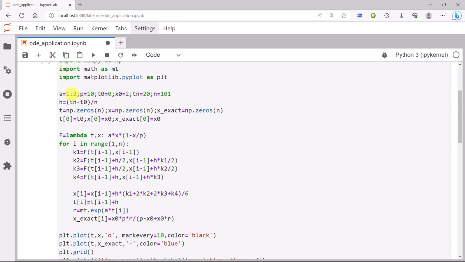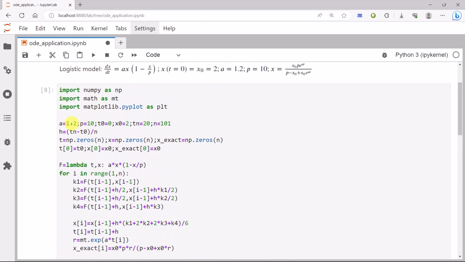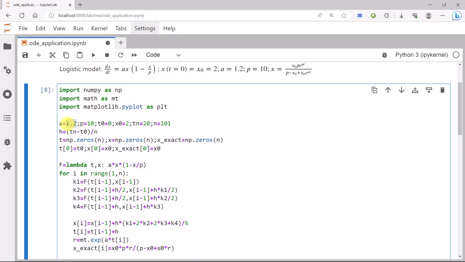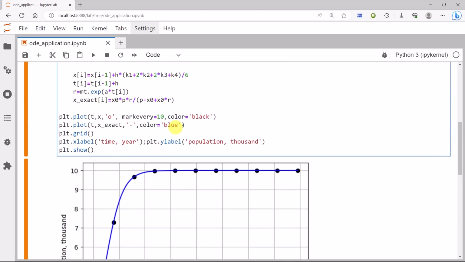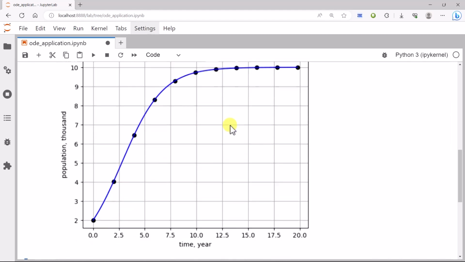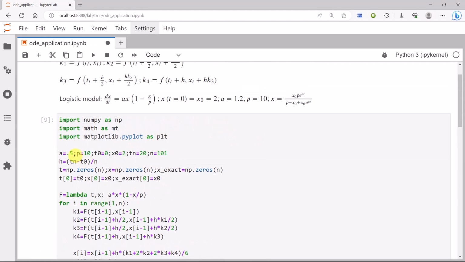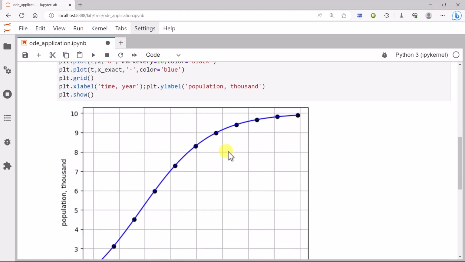So the steep rise is because of this high growth rate of 1.2. If we for instance have a growth rate of, let us say, 0.5, then this kind of growth will probably not happen. You can see that now the growth is far more gradual. If I have a growth rate of, let us say, 0.3, you can see that it is gradual.